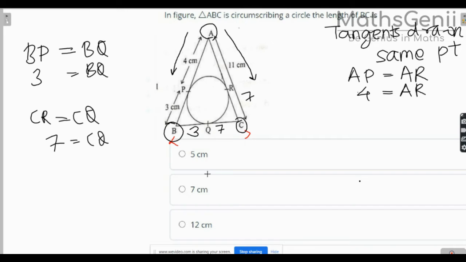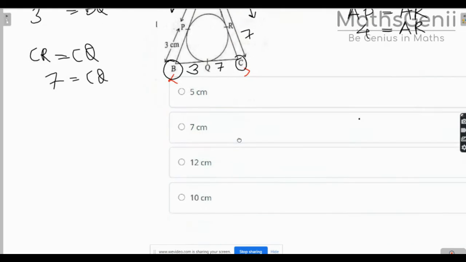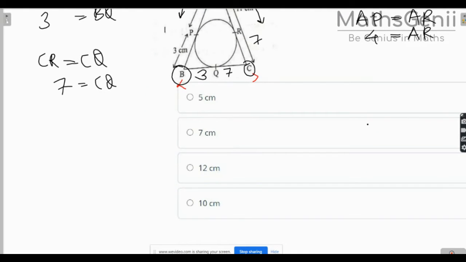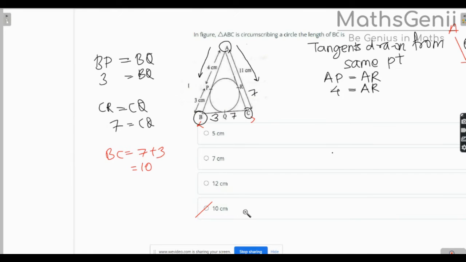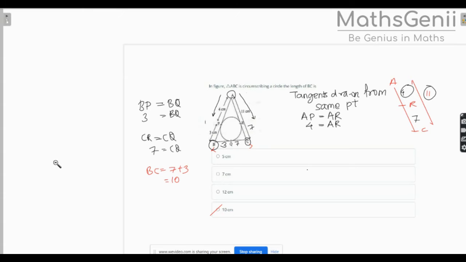What did he ask me to calculate? BC, entire BC. BC is very simple, 7 plus 3. So BC is 10 centimeter. This question was very simple. The only thing you should know is that tangents drawn from the same point are equal.